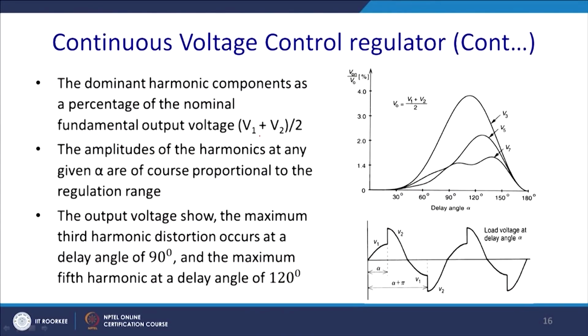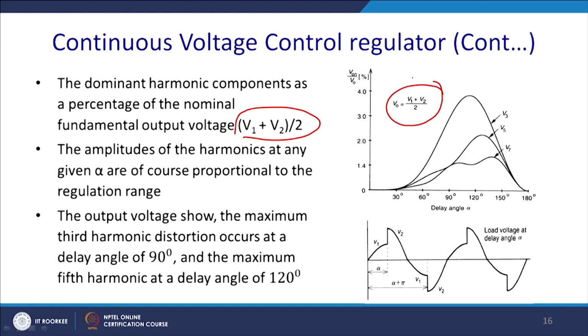The dominant harmonic component as a percentage of the nominal fundamental voltage is relative to V1 plus V2 by 2, the average value, which is the amplitude.